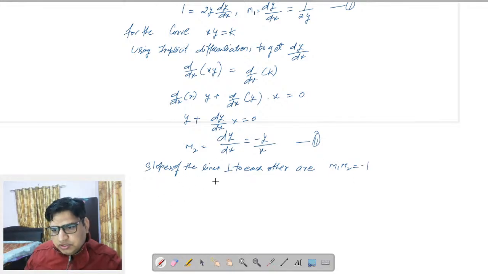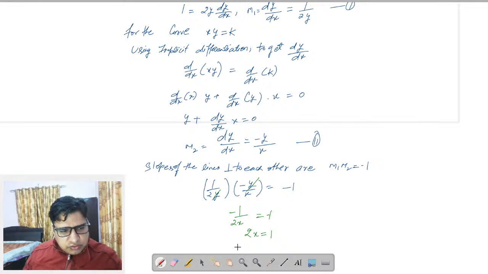Okay, so we'll substitute that 1 by 2y into minus y upon x, that should be minus 1. And from here, as we see, this will get cancelled out, and we will have minus 1 by 2x is equal to minus 1, so 2x is equal to 1.